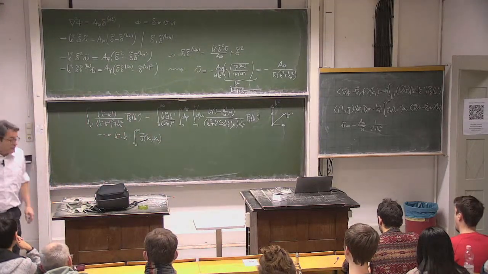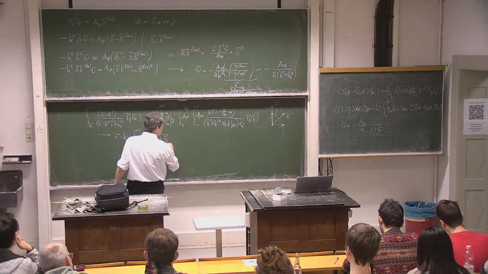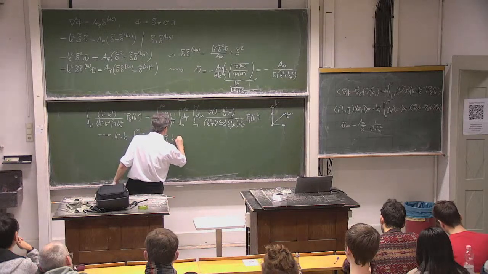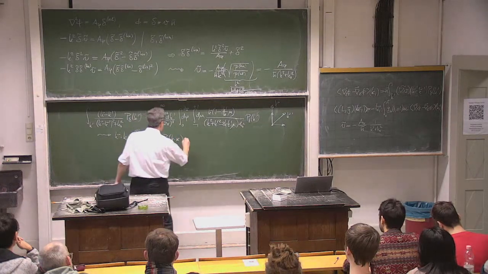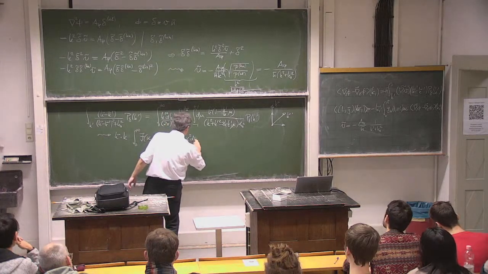That's a unique kernel function, we'll see about that. And then I will have to integrate over P delta of k times kappa and kappa squared d kappa.